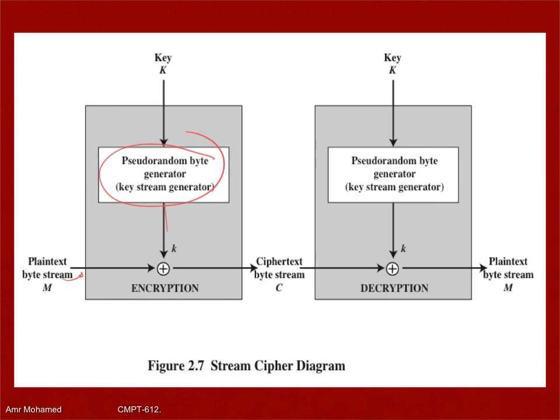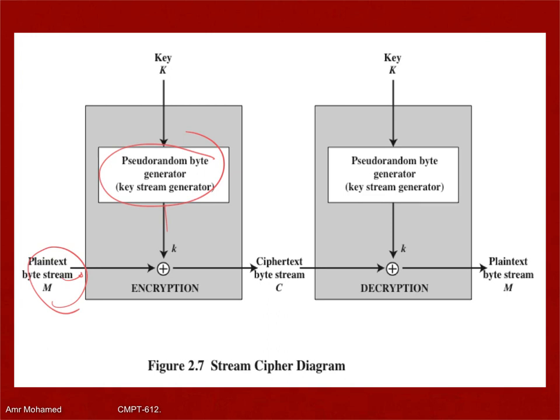The difference here is that this does not have to have a block size. So the plain text is like a stream of bytes, and we need to generate another stream of random bytes. But this stream of random bytes is based on the key.